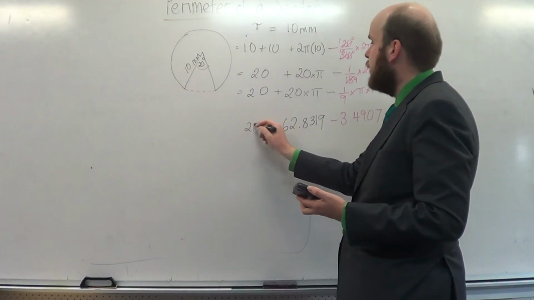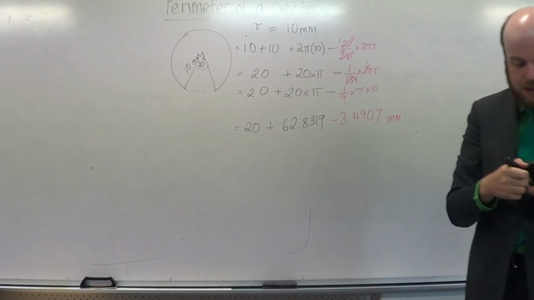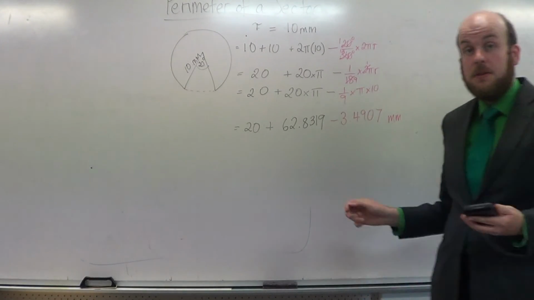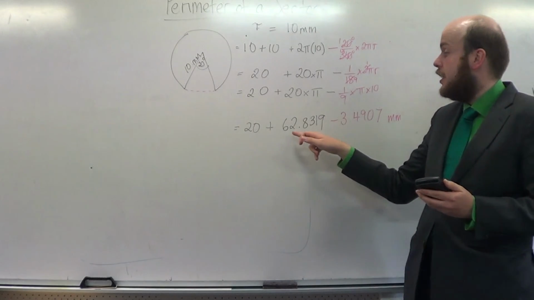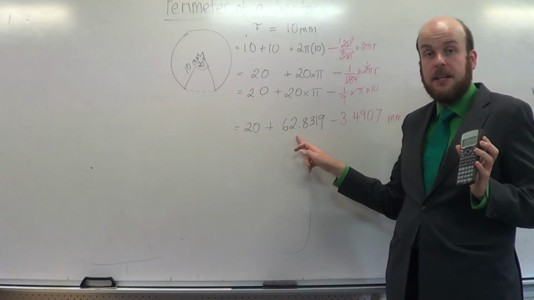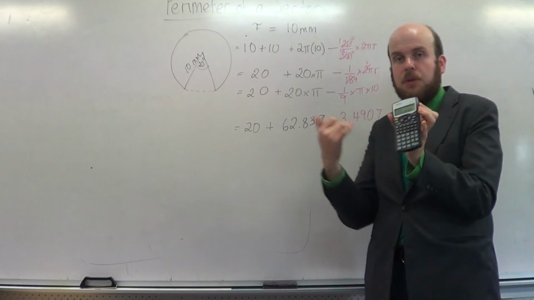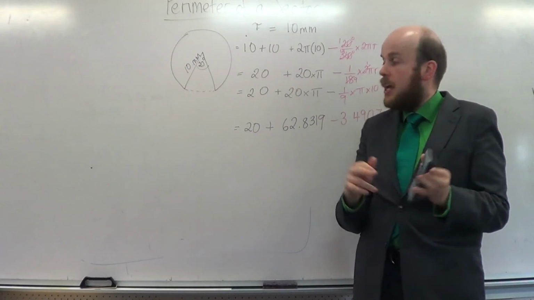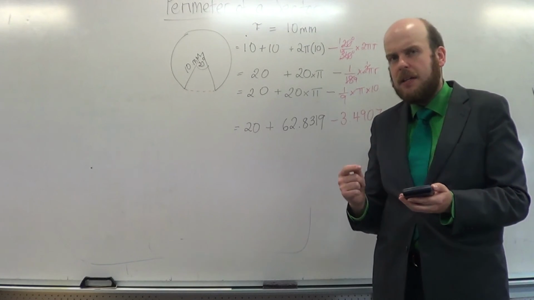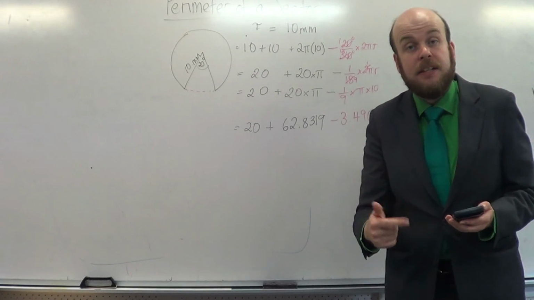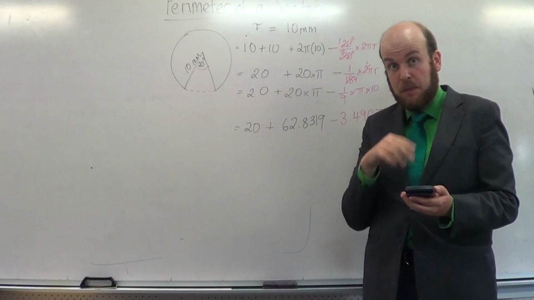Plus 20. So what I'm going to do in my calculator is that answer is still in there, still in the calculator with all its decimal places. And now I'm just going to press plus 20. Now why have I done that? It's usually a better, more accurate answer if I can keep as many decimal places as possible.